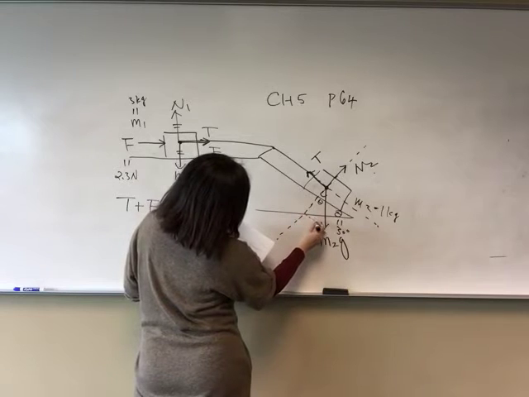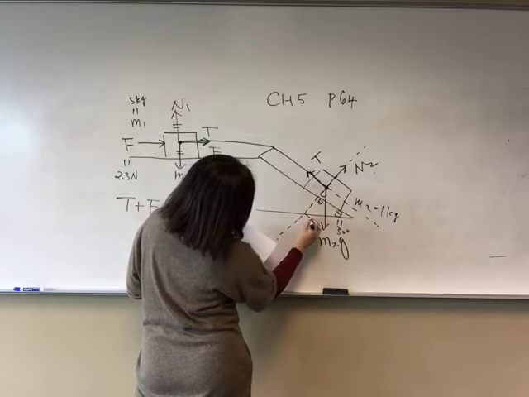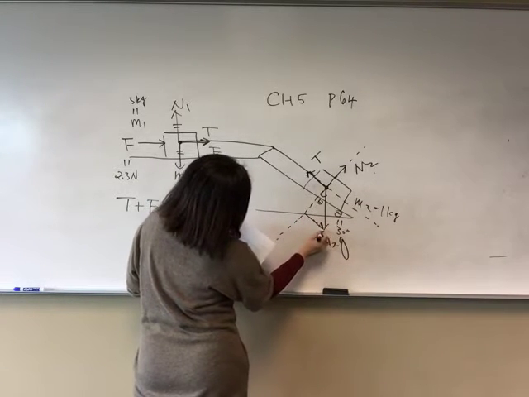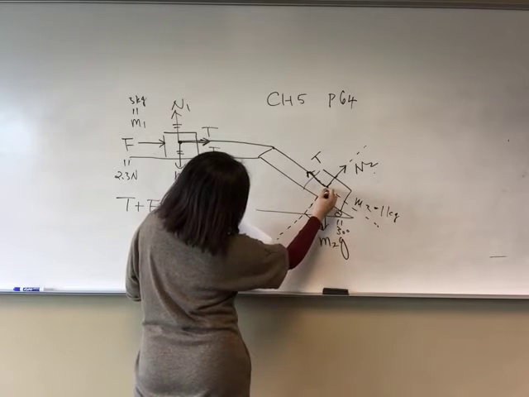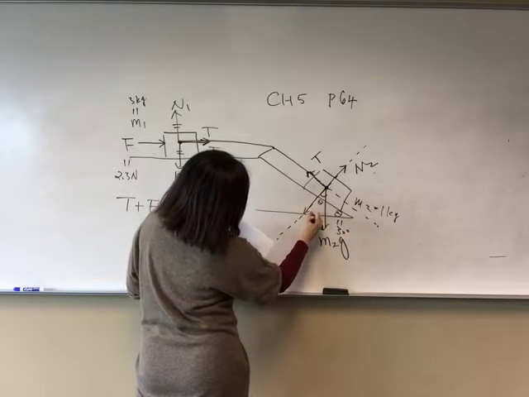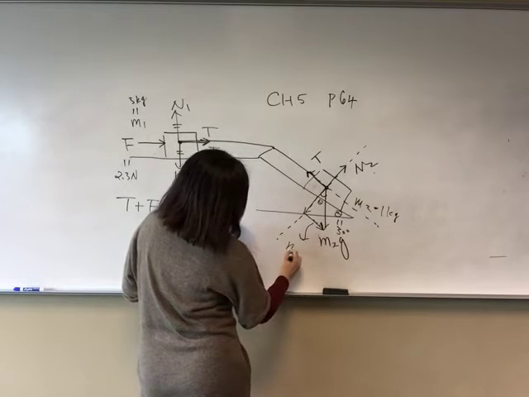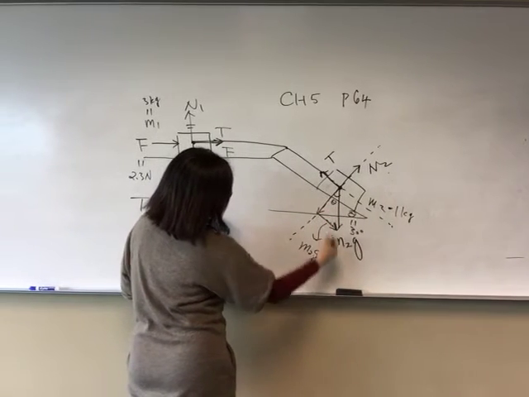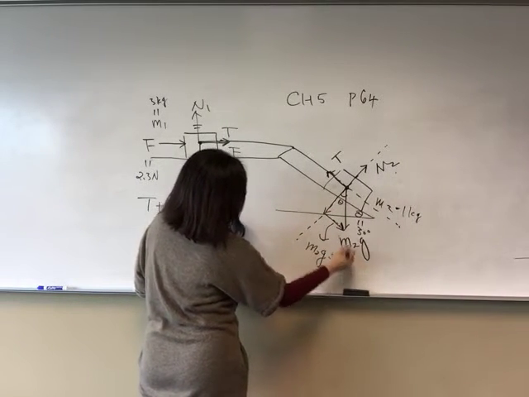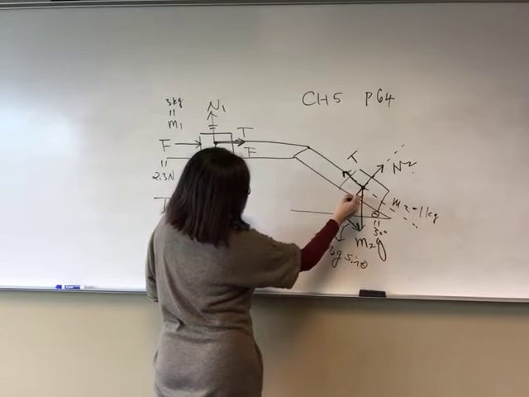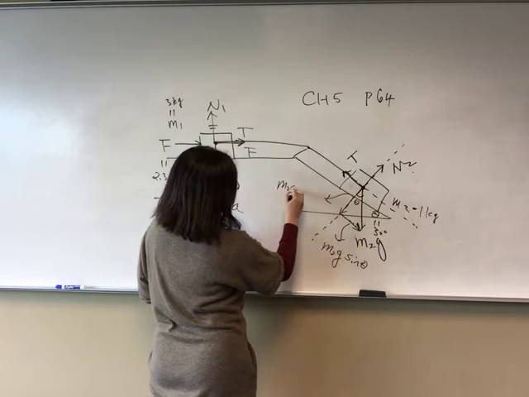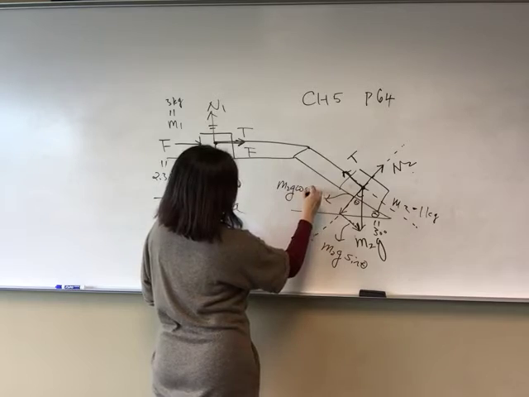So this is a horizontal component of gravity, and that is rightward, and then you have this, that's downward. So this has M2G times opposite the angle, so that's sine theta. And then this one, you have your M2G and then cosine theta.